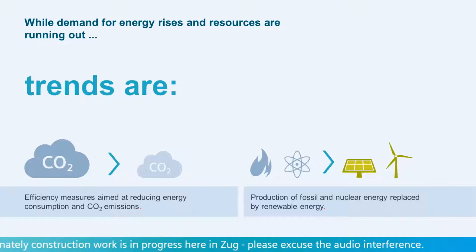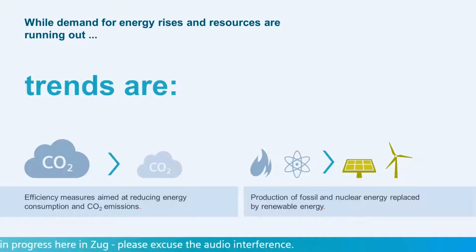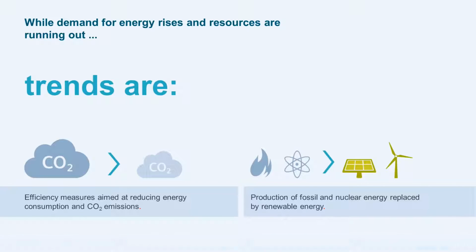So these are the trends on the market: we have to care about our environment, we have to care about the CO2 emission, and due to the penalization nowadays with CO2 emission and CO2 certificates, there is also a big interest from building owners to manage it.